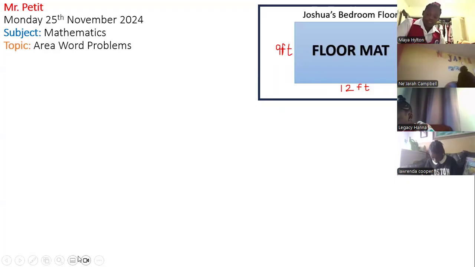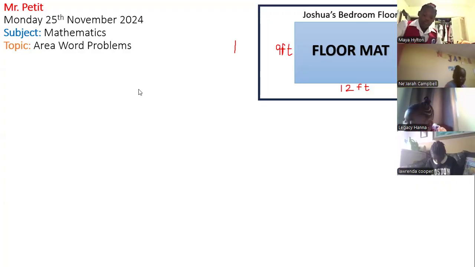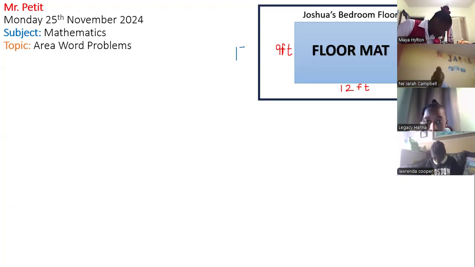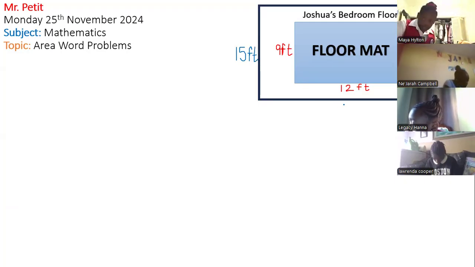We're also going to say that as for this one, this is 15 feet. This is for the outer. Let me change the color. This one is for the outer rectangle. So it's going to be 15 feet. And then this is going to be 12 feet.